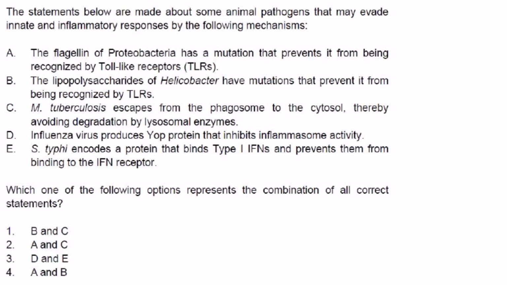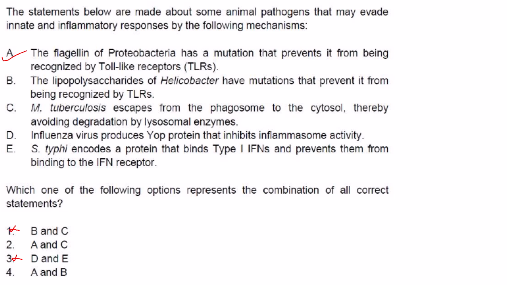If the flagellin is mutated as in proteobacteria, TLR5 will not recognize it, and it will help the proteobacteria to evade the innate and inflammatory response. So A is correct. A is correct means 1 gone, 3 gone. 2 and 4 we have to see whether B or C is correct.